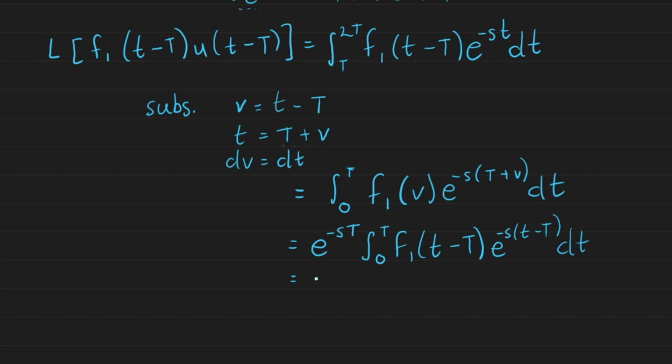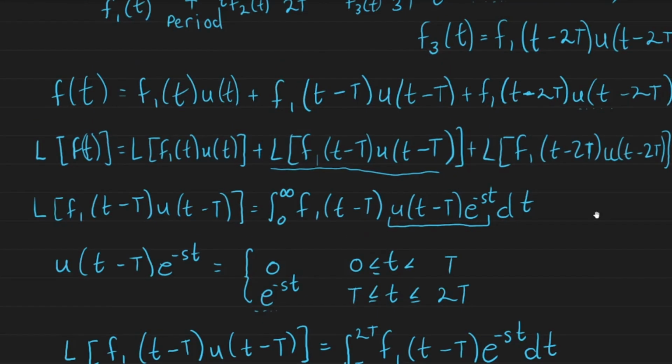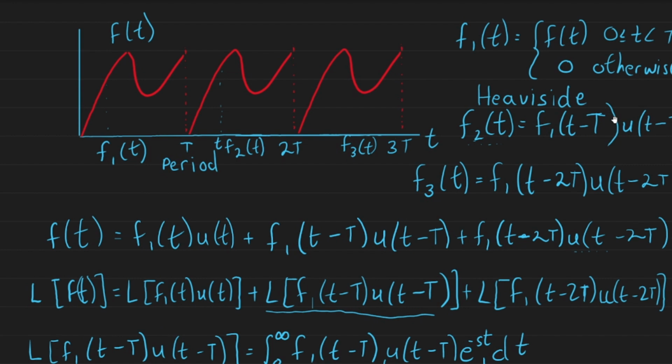So this is equal to e to the minus sT times the integral from 0 to T of f1 of t minus T. So this f1 of t minus T, if we go back up to our diagram, this here is f1 of t minus T. However, we can see it is literally the same function, right? There is no actual difference in terms of the function between these two different parts of the graph. It's just the case that it's in a different place. So this function is actually the same.